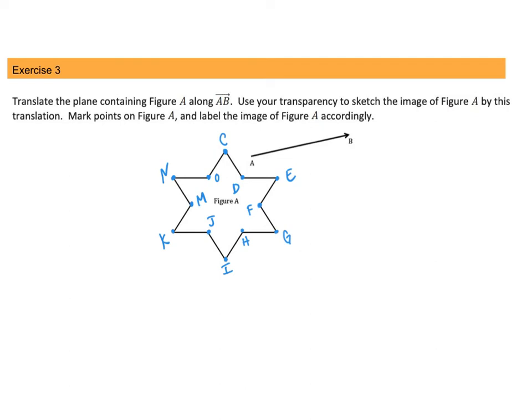We're going to be moving it this much and at this exact angle. And so this one is going to be probably right about here, my new point. And we're going to call this point C prime. Okay?